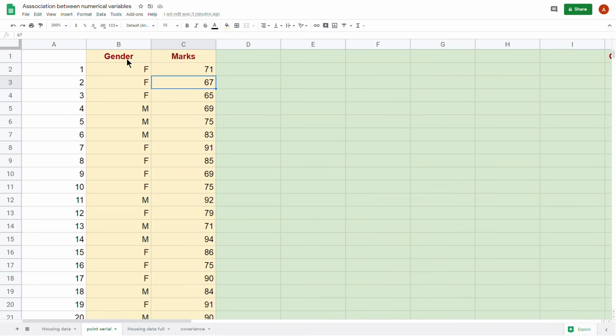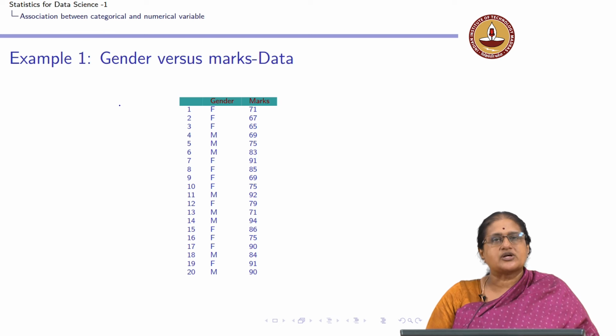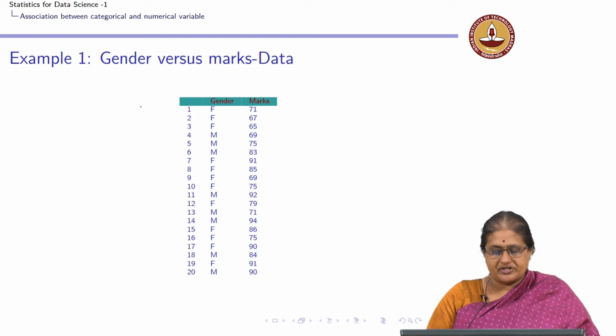Now, we are interested in understanding whether females perform better than males. So, first of all, we are asking the question: is there an association between gender and the marks, or are they not associated with each other? We introduced a concept which is referred to as a point biserial correlation measure.